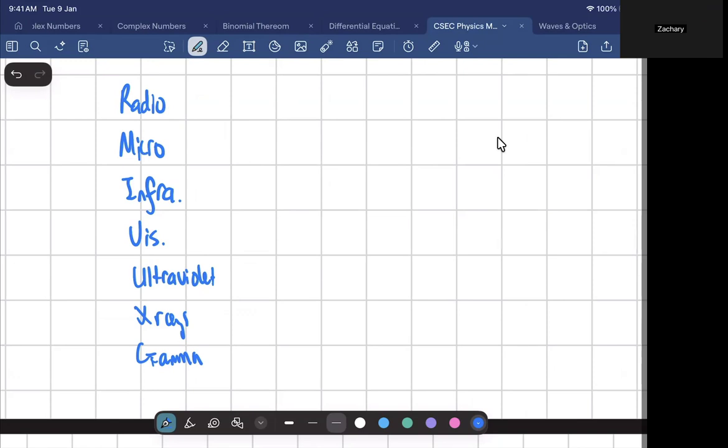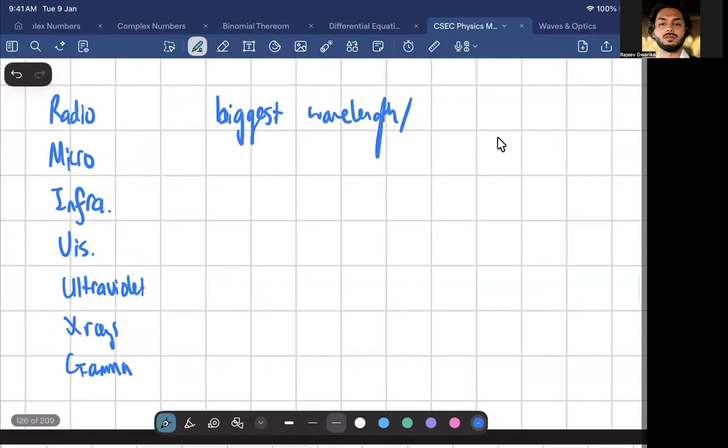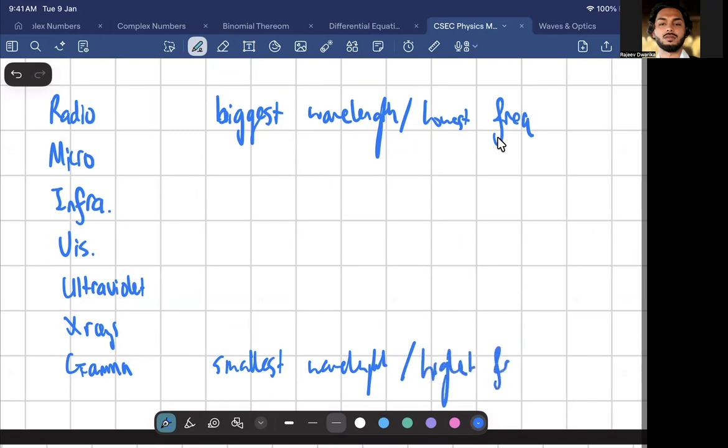So if this has the biggest wavelength, then it would have the what frequency? Smaller frequency, the lowest frequency. And if that is the case, then gamma would have the what wavelength? The smallest wavelength. Exactly. And this is going to have the highest frequency.